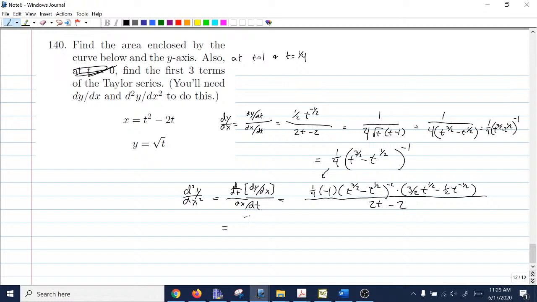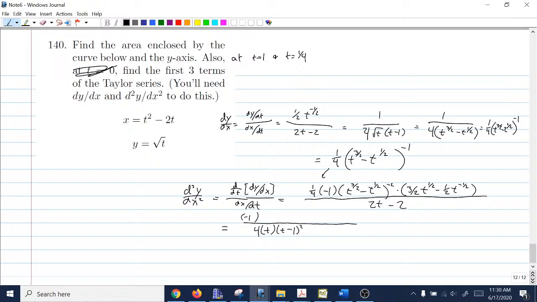Let's try this. Negative 1. The 1/4 I'm going to put on bottom, that'll be a 4 on bottom. This is stuff to the negative 2, so it's going to be that thing squared. That thing before I FOILed it out was root t, t minus 1. When I square that, I get t, t minus 1 squared, so that goes on bottom.